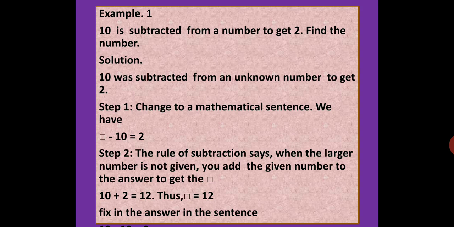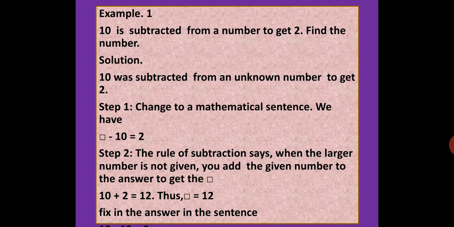So what do we have? We'll have box minus 10 equals 2. Step 2. The rule of subtraction says when the larger number is not given, what do you do? You add the given number to the answer to get the box.